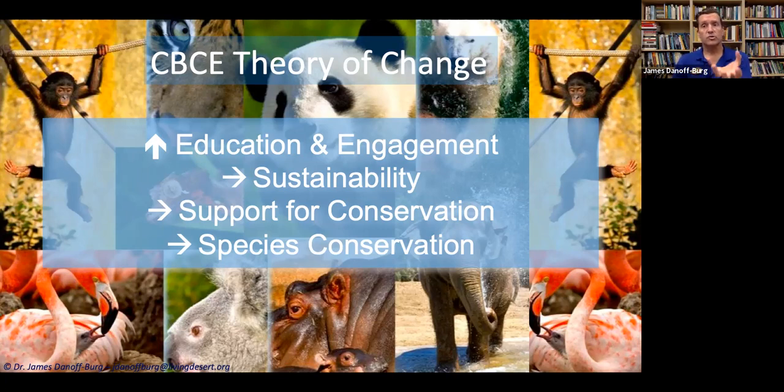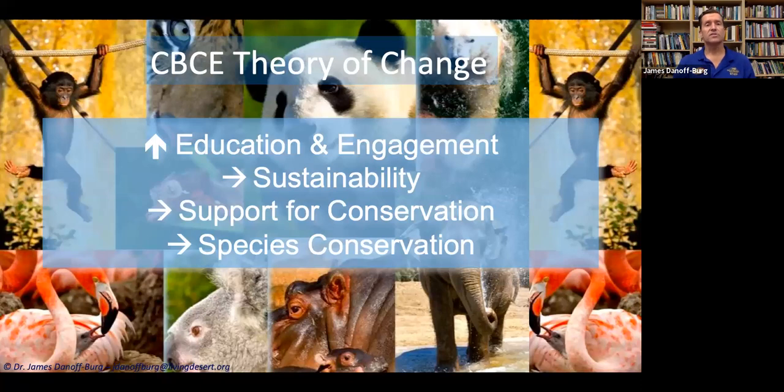So in essence, what we're trying to do is maximize our education, maximize our engagement of communities with this conservation challenge, and make it more sustainable, lead to greater support, and lead to species conservation, right?